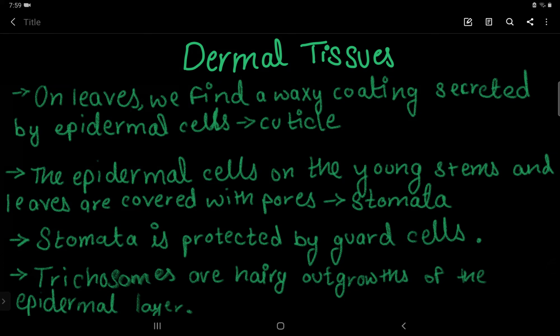Trichomes are hairy outgrowths of the epidermal layer. Their presence varies in texture and number from species to species. These outgrowths save the plant from herbivorous animals and have functions similar to the hair present on our body.